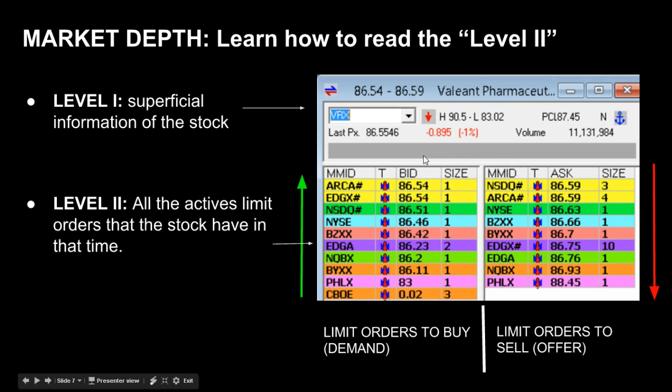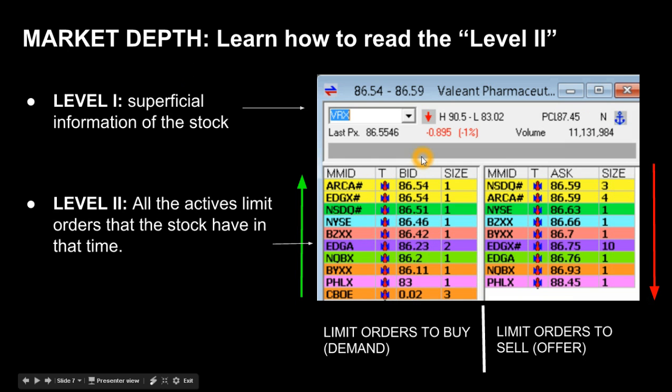That's the level 1. You can have this information on almost all free websites, like Free Stock Charts and that kind of website that has information about stocks. They have only this data.